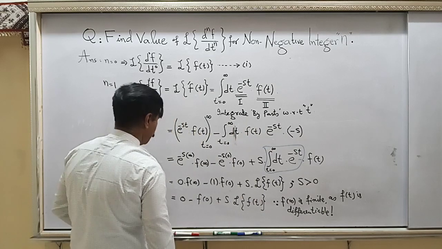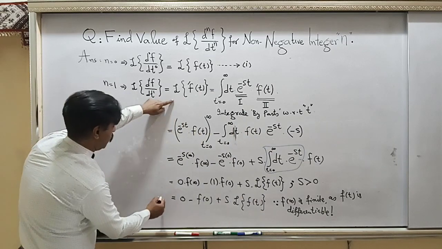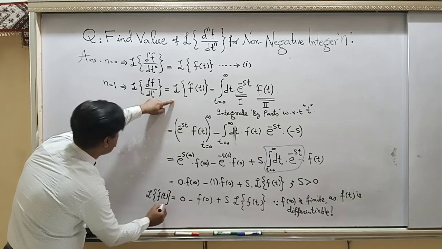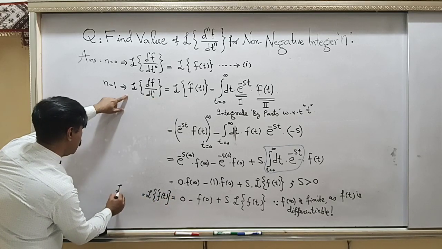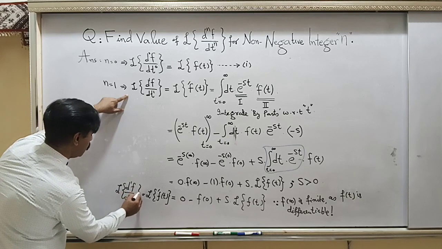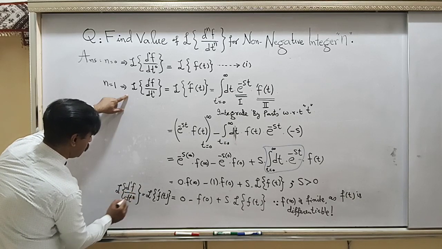Okay. Now, on the left hand side you have L of f prime t, or L of d1f by dt1.